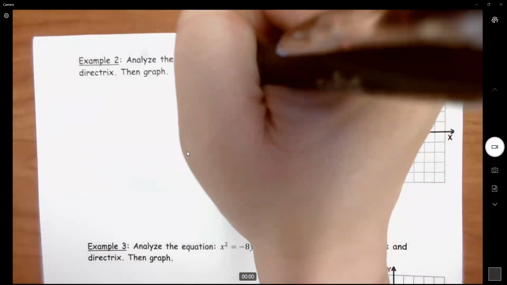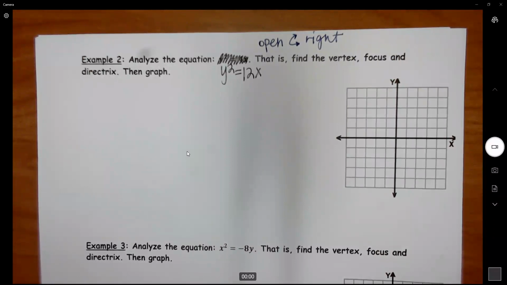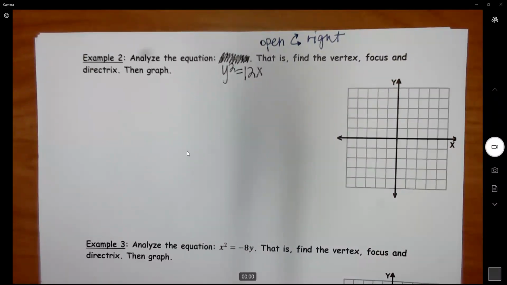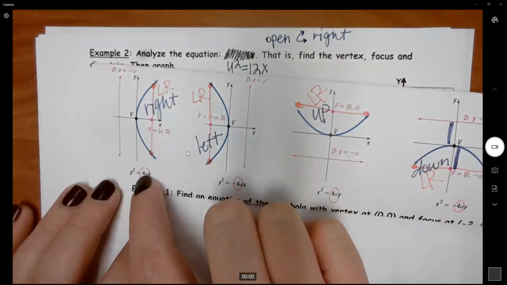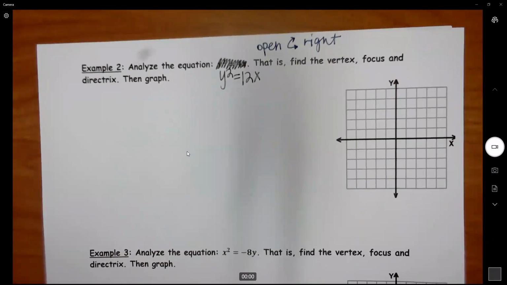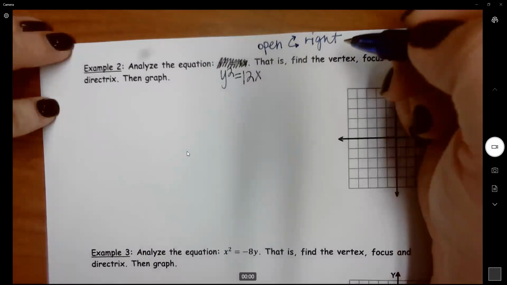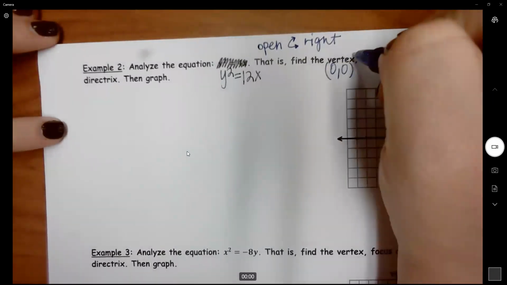Let's make this one y squared equals 12x, please. It's still the same type of equation, because it's still y squared and still a positive in front of the x. So my vertex is at 0, 0.